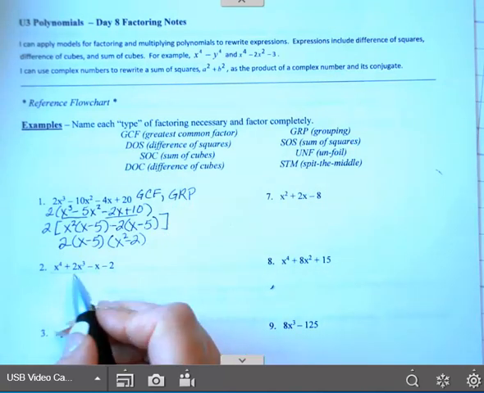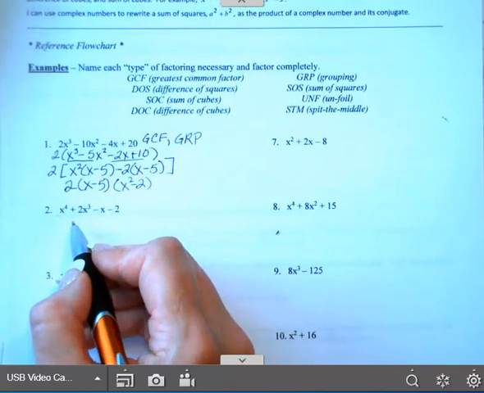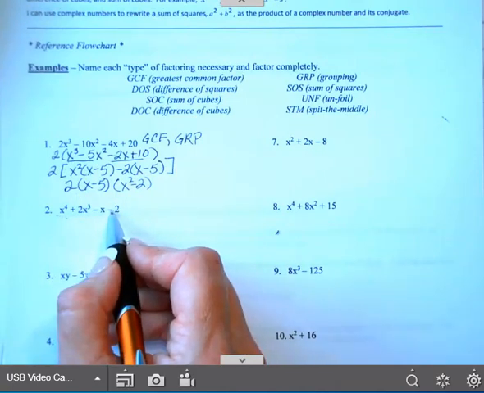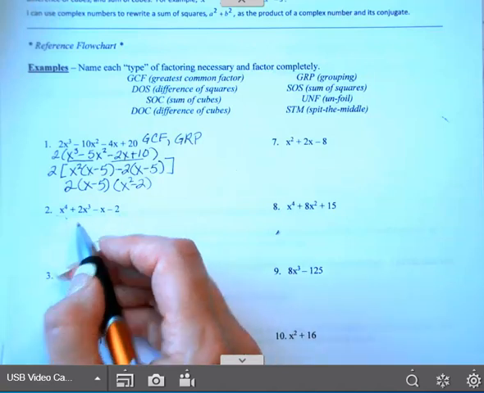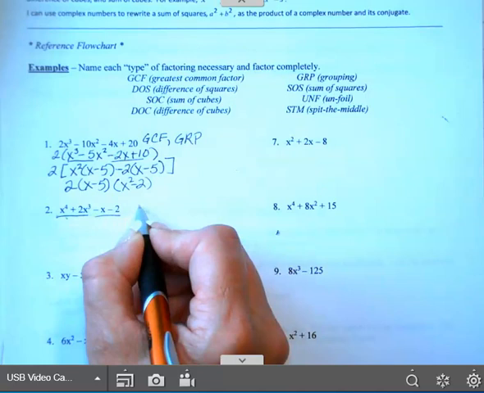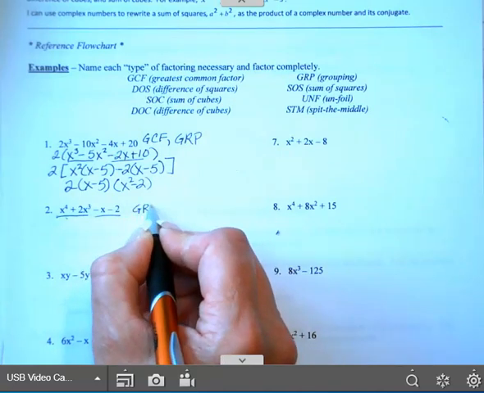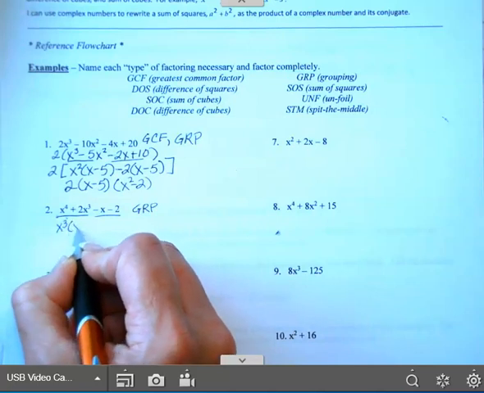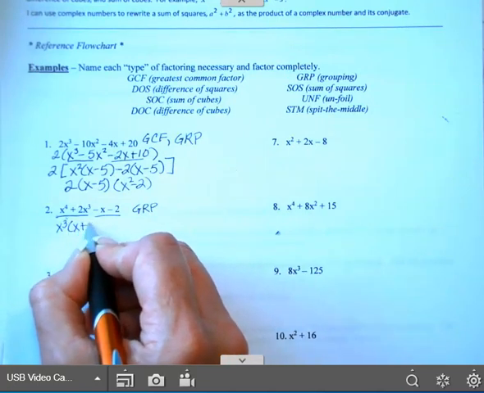On the next example, I have no greatest common factor here, so there's nothing I can factor out. There are 4 terms, so 4 terms you're going to use grouping. The first group has an x cubed, and that leaves you with x plus 2.